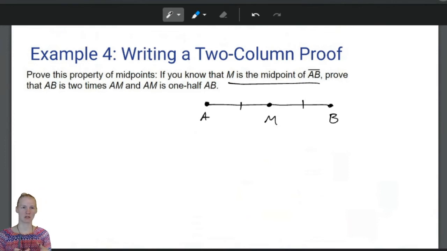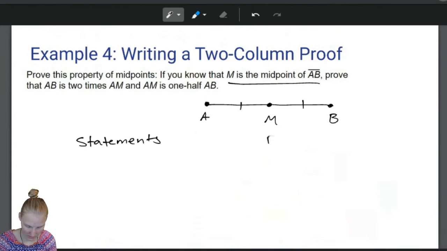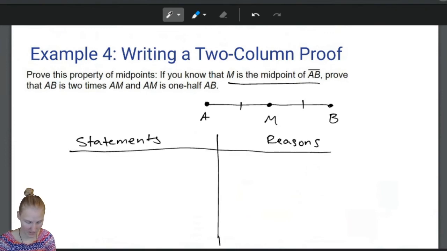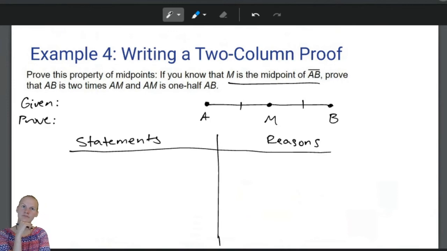Another thing, remember how we talked about when we make our statements and our reasons, I'm supposed to start with the given. But it doesn't say, right? Normally it says, given this, prove this.